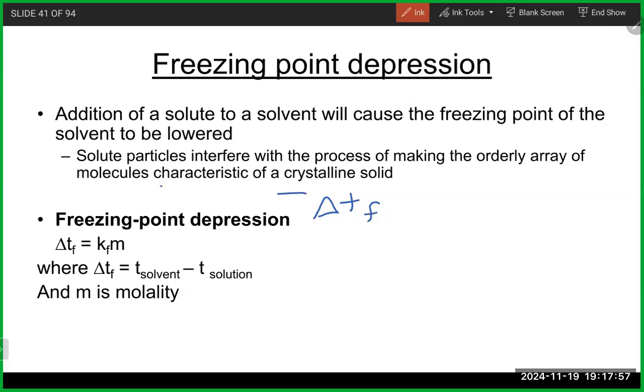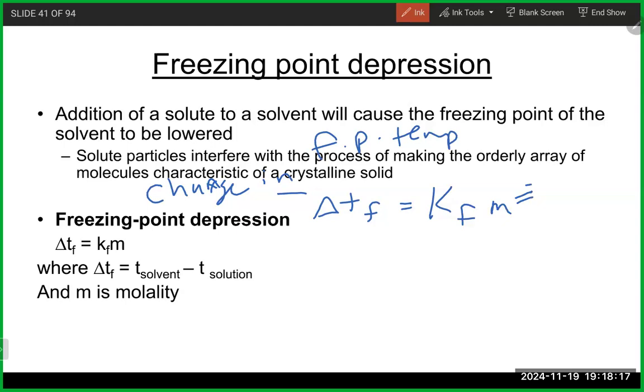The change in freezing point temperature is equal to Kf times m. m is our molality, so that is our moles over kilograms of solvent that we talked about. Kf is a constant. This is the freezing point constant.